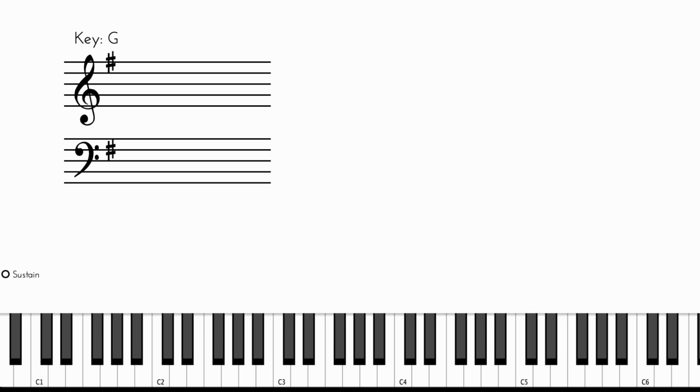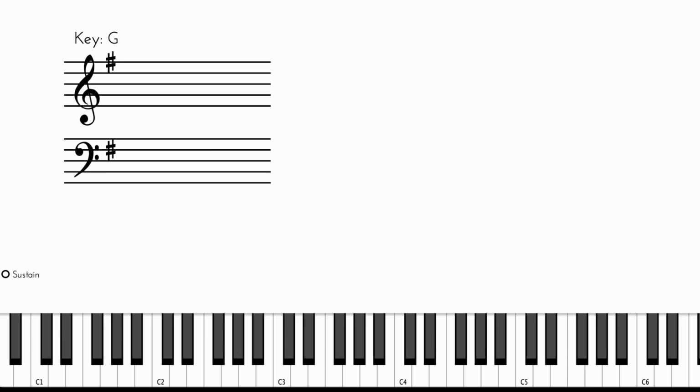So first things first, we're going to look into that, obviously we are in the key of G, right? So we're going to be within that scale. We're going to look at the chord inversions from 1 up to 7, and then the next thing we will demonstrate is how you get to use that within a song, right?